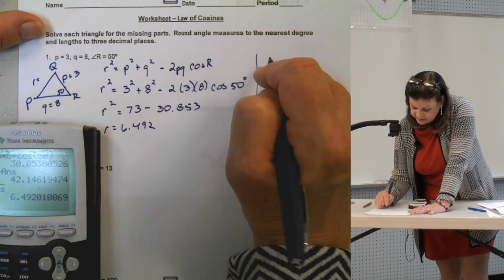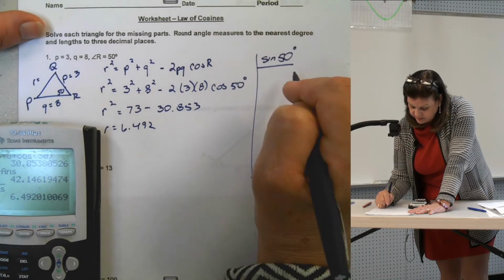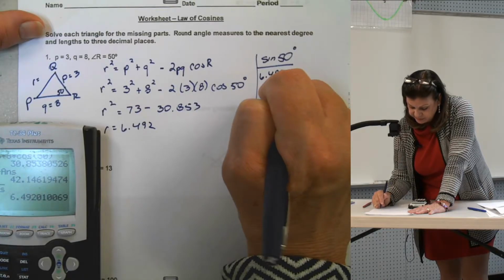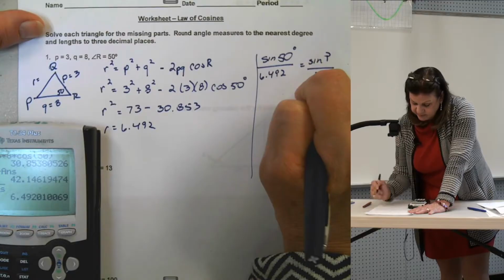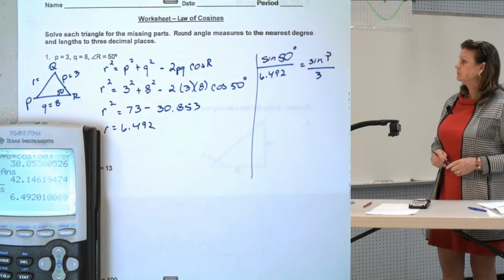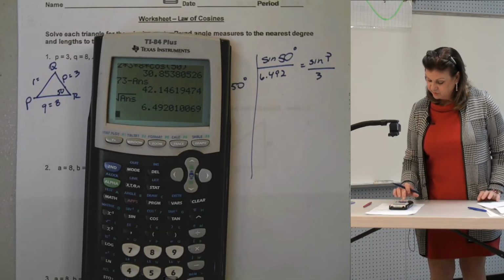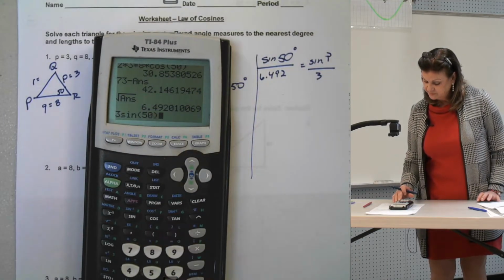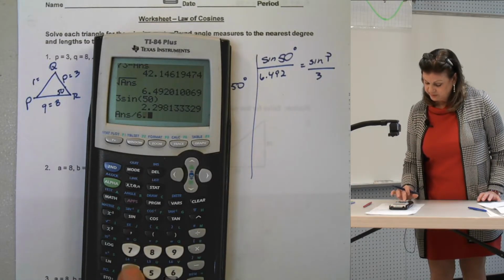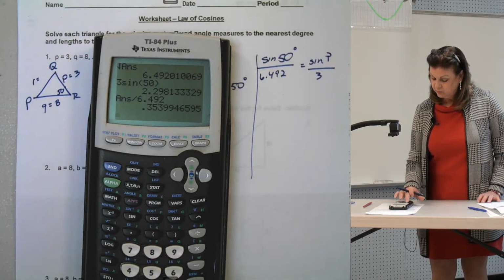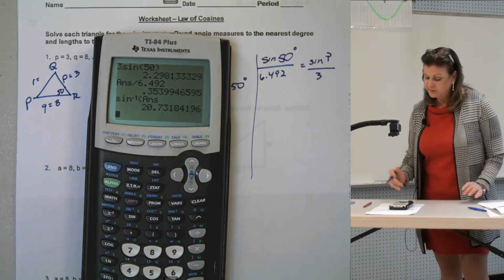So we've got sine 50 over 6.492 is sine P over 3. So 3 sine 50 divided by 6.492. What angle has that sine value? And we get 21 degrees.